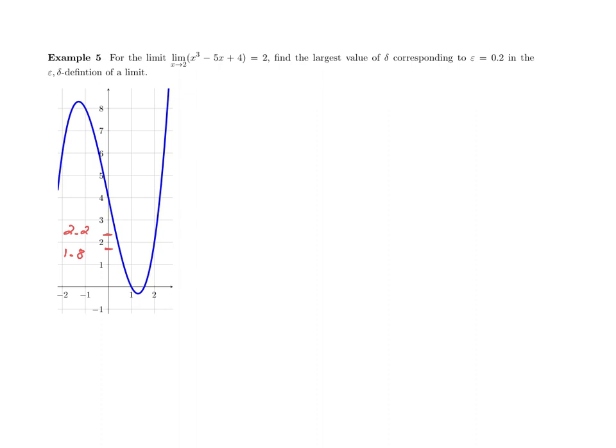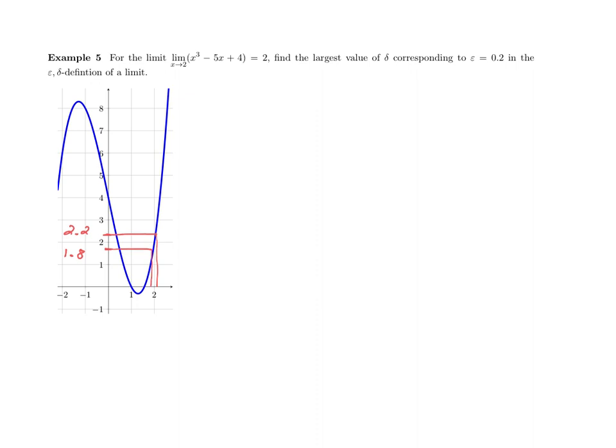And the corresponding x values are going to be, well, here 2.2 hits the graph here. It's going to be really close, but it's going to be something very close to 2 and beyond it. Down here, we're going to get another x value that's going to be less than 2.